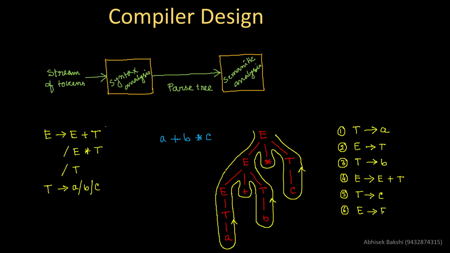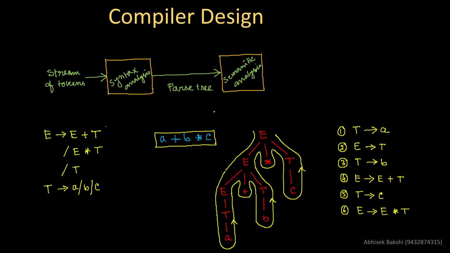So what knowledge have we gathered from this parse tree? That is, among all these production rules, which production rules have to be used in which order to generate this particular string presented over here. That is the main purpose of a parse tree.